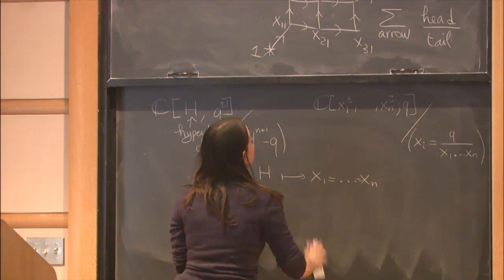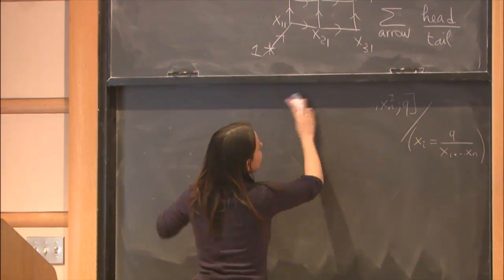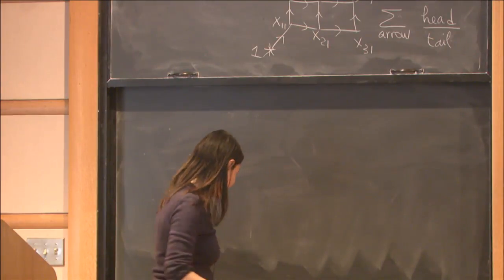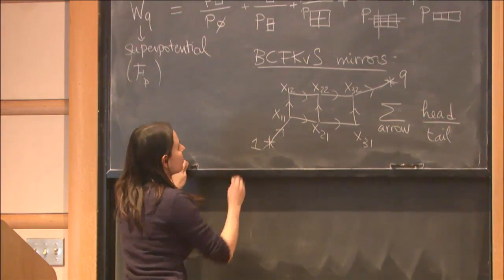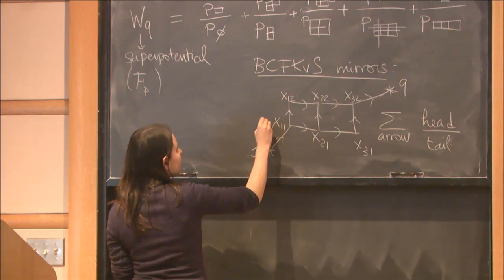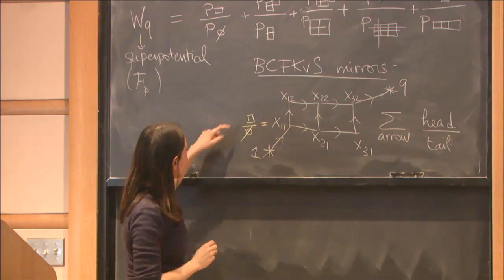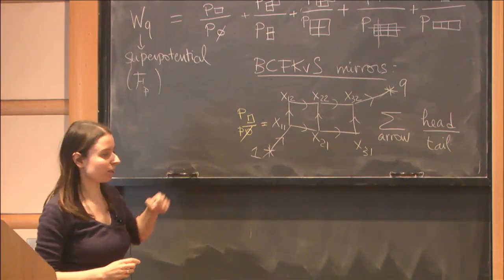So since this one is probably more familiar, let me explain how you relate them, at least in the example. So you just replace this by this quotient, box over empty set.